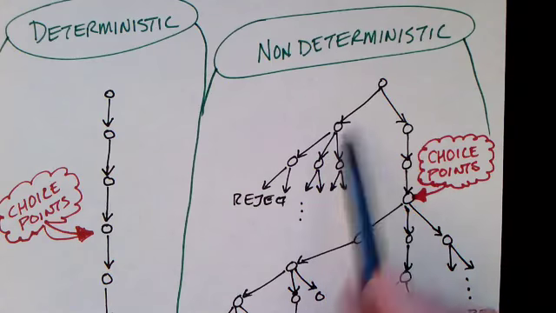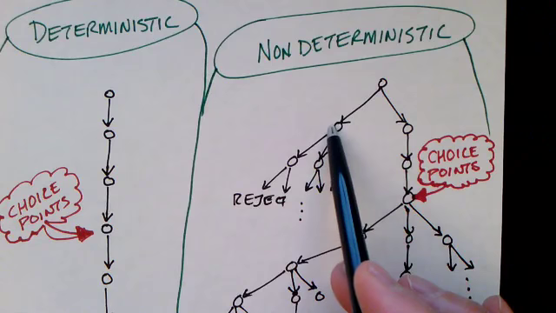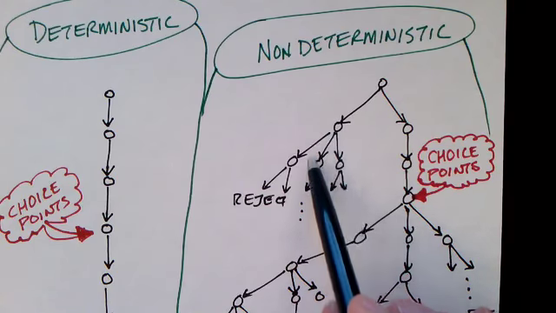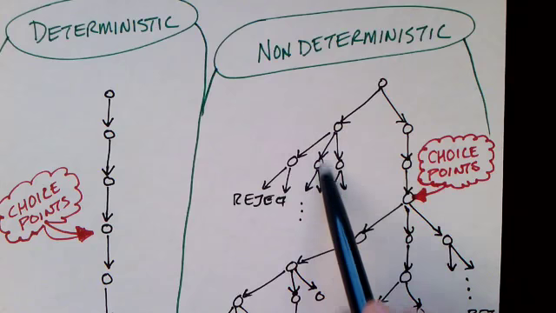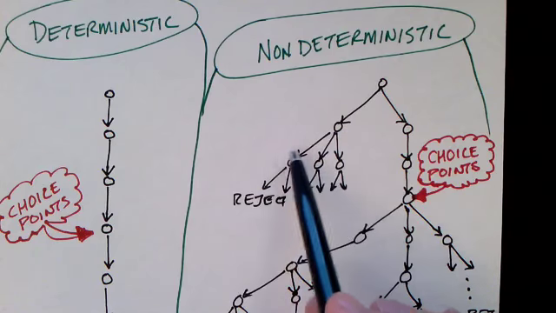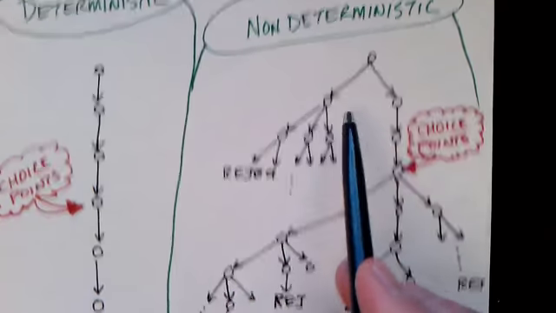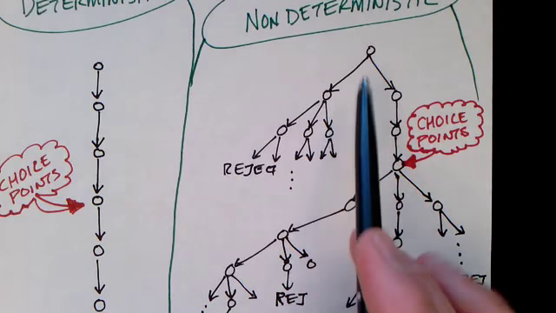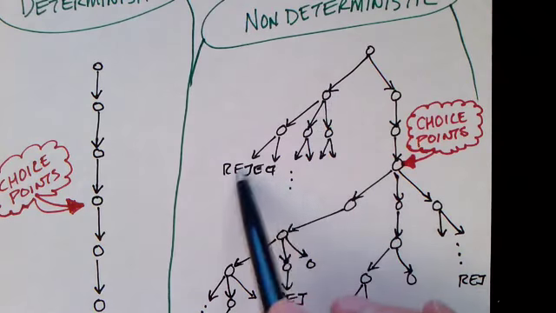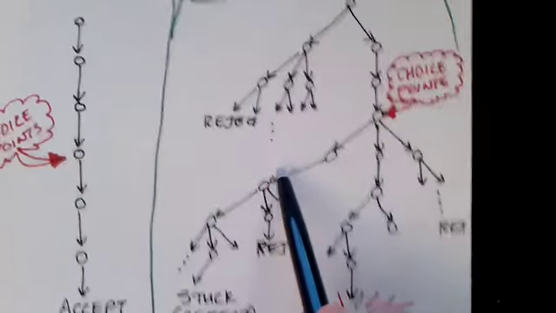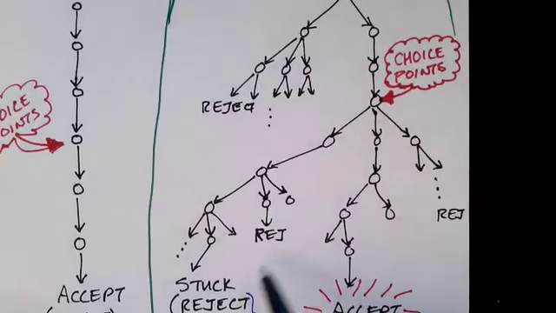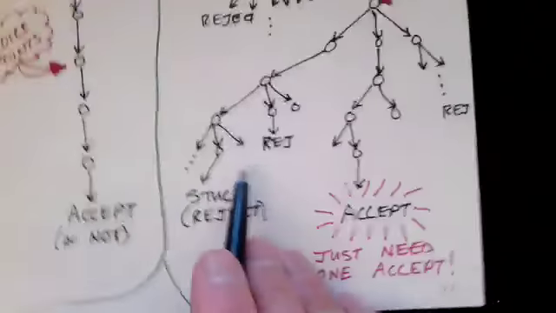So if we had taken this choice, we might have 3 more choices. If we had taken the second choice, then apparently we only have 2 choices. And in the non-deterministic machine, some choices that we make might end in reject. Many will end in reject.